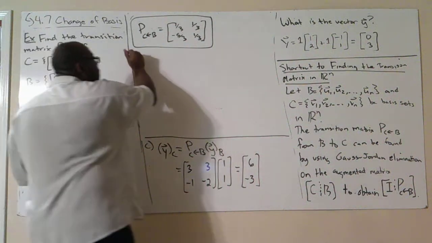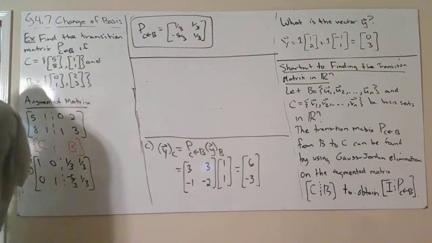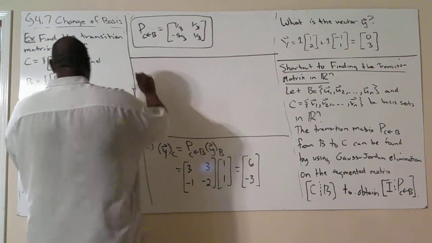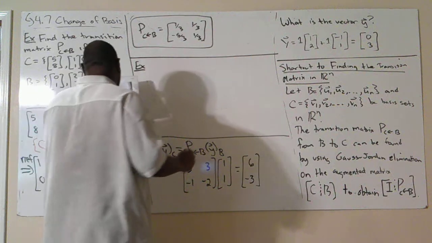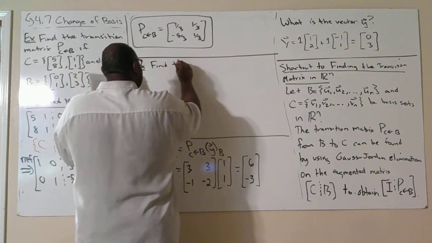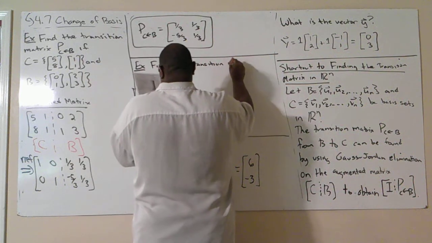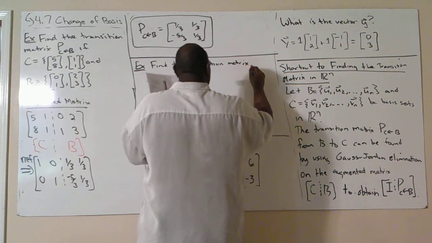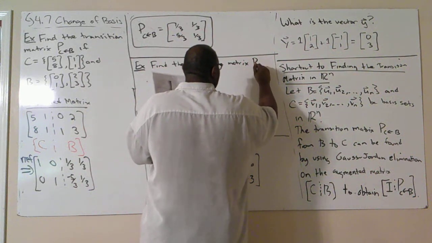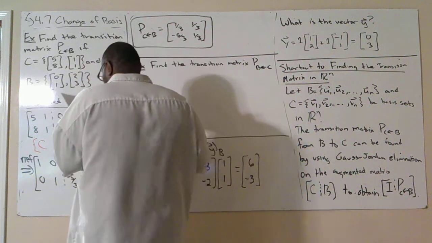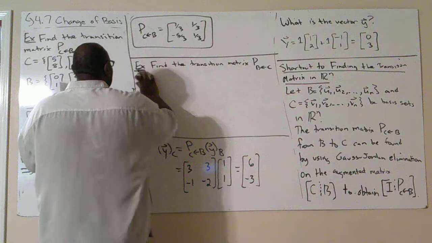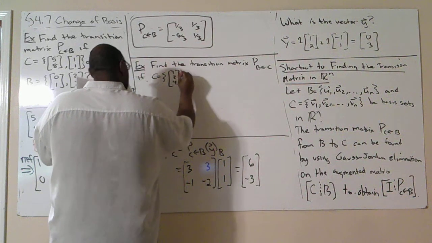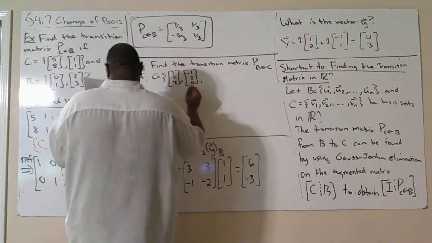One more, and I think we'll call it good. And this is actually the one I have first in the notes. It says this: find the transition matrix P from C to B, if C is equal to 1, 2, 4, -1, 2, 0, 2, 4, 0.